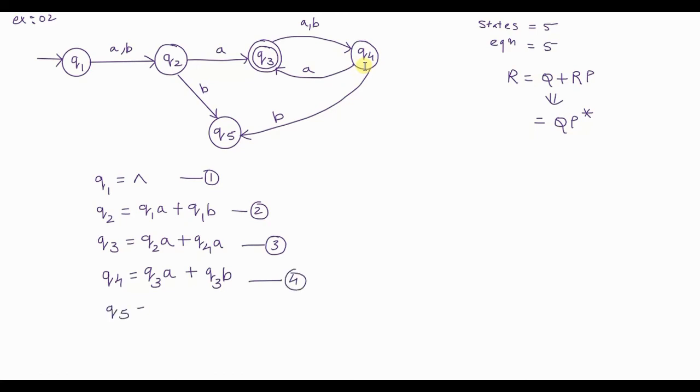Q5, that's the last equation. You see that from Q2 on reading B you go to Q5, and from Q4 on reading B also you go to Q5. Apart from this there are no more terms, so the 2 terms for the Q5 equation will be Q2B or Q4B. So this is the 5th equation that we get.